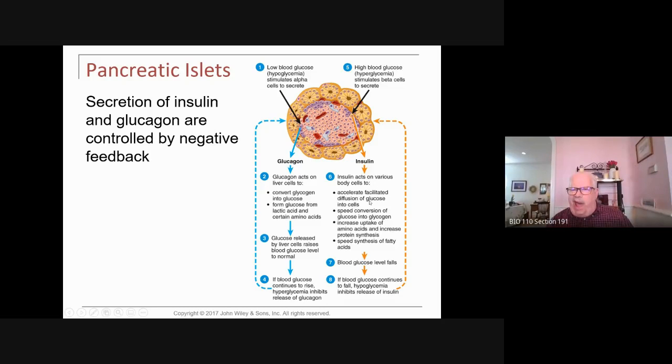Let me tell you now that without insulin, you cannot get glucose into your cells. It also speeds the conversion of glucose into glycogen. It increases the uptake of amino acids and increases protein synthesis, and speeds up the synthesis of fatty acids, lowering your blood sugar. If you get too low in your blood sugar, it all happens again.